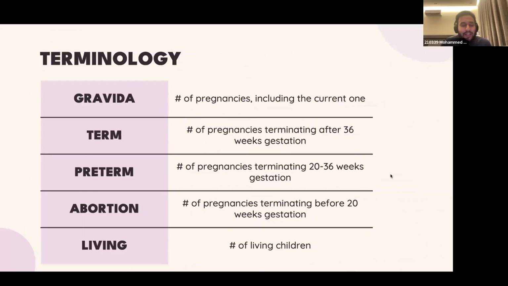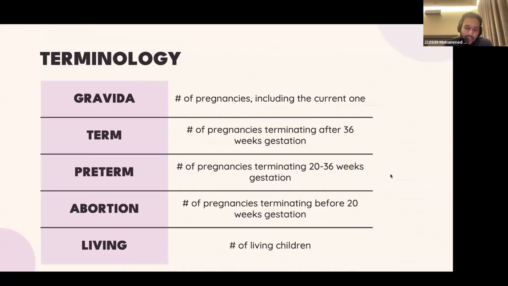First thing is you have this system called GTPAL. G is gravida, T is term, P is preterm, A is abortion, and L is living. Gravida is the total number of pregnancies, including the current one that the female is having. Term is the number of pregnancies after the 36th week of gestation.